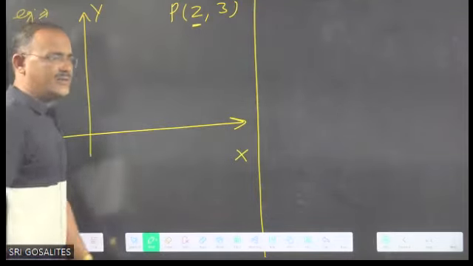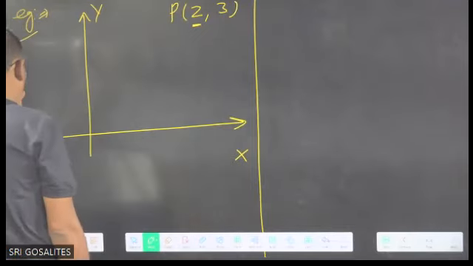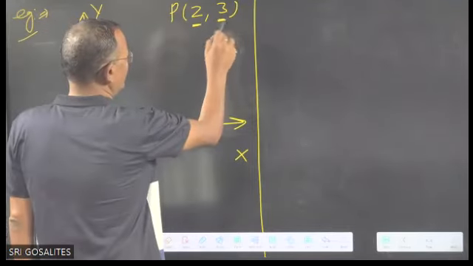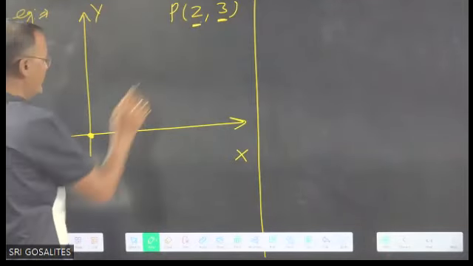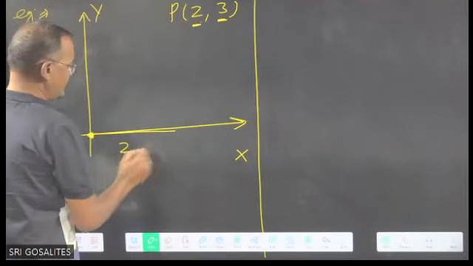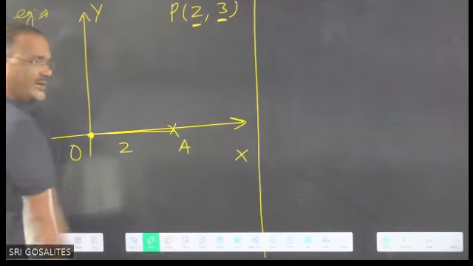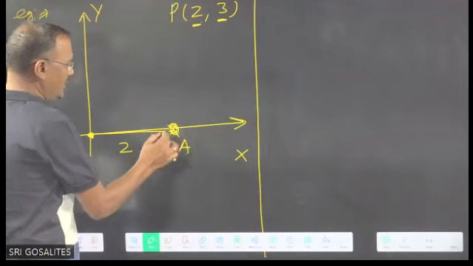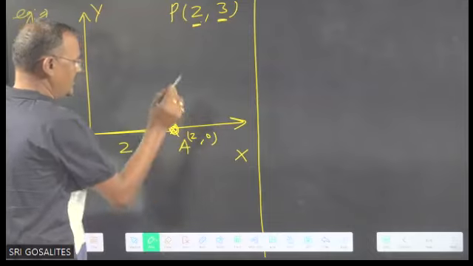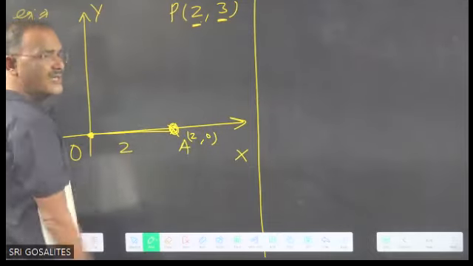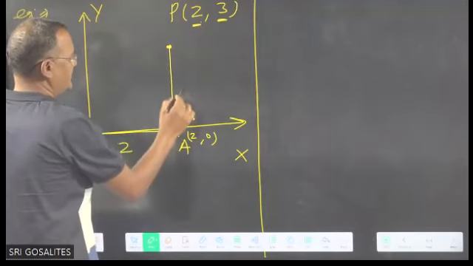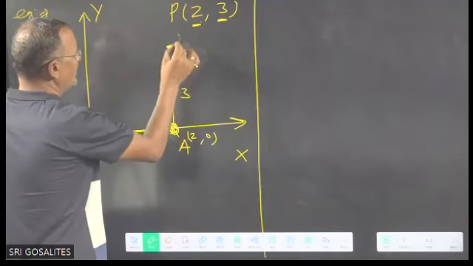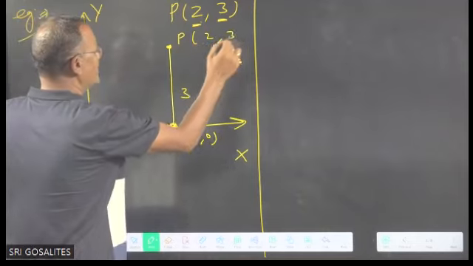Which coordinate is that? 2. And this coordinate is y, which is 3. So start from the origin, move by the 2 units. Suppose you are coming at the point A. So this is the point A with 2, 0. Y is 3. So move along the y-axis by 3 units. Okay. Suppose you are coming at the P point, then its coordinates becomes 2, 3.